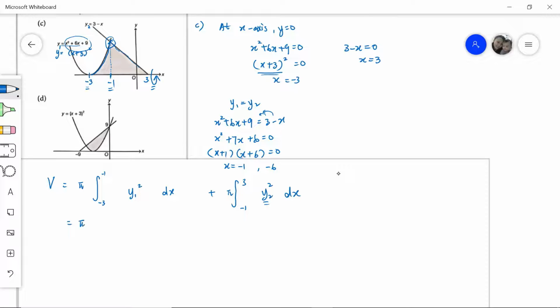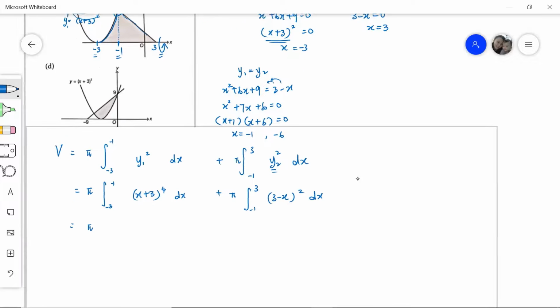Okay, so let's put the y1 squared in. So y1 is x plus 3 squared. When I square this, I will have x plus 3 raised to the power of 4. Likewise, from -1 to 3, the y2, we need to square it. That will be 3 minus x, we square this part, dx. So for each, we now integrate.